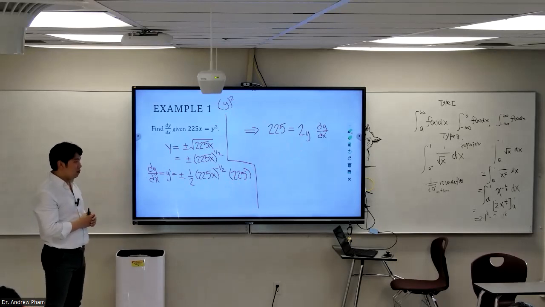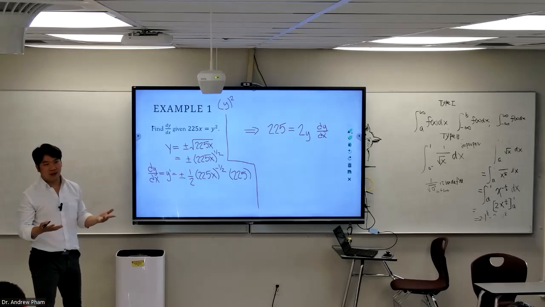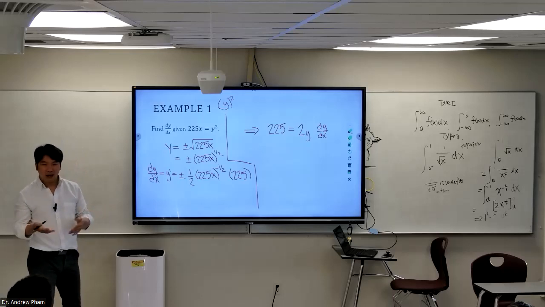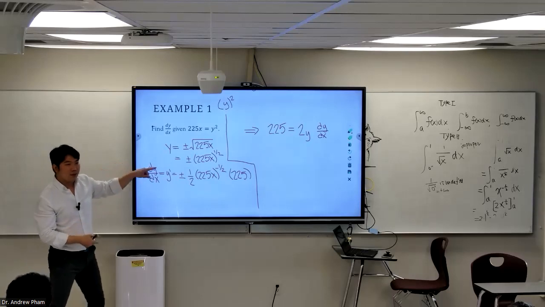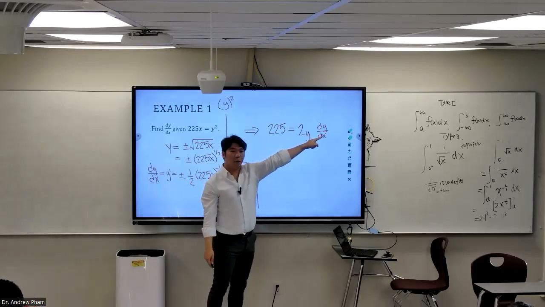One small thing I want to note also is, does anyone have an idea, why do I not bother doing the same thing whenever I take the derivative of x? Why is it whenever I do derivative of y, I need to write dy dx, but I'm not doing it for dx? So remember what this dy dx means. This just means the derivative of y in respect to x.